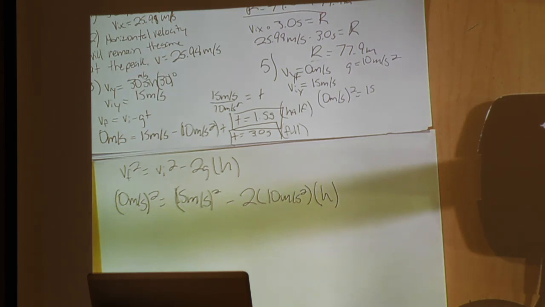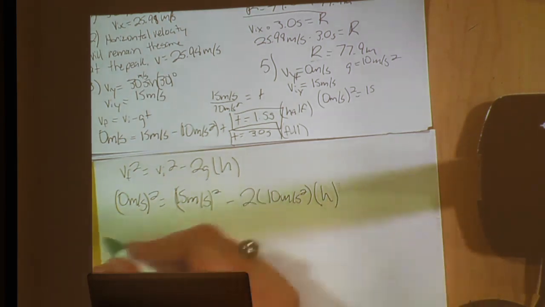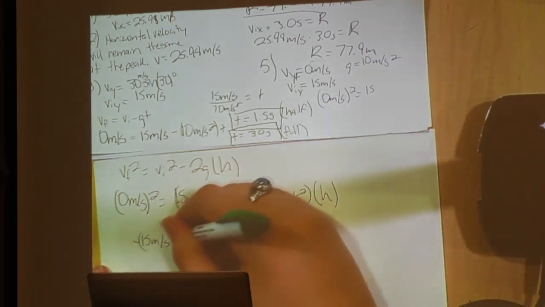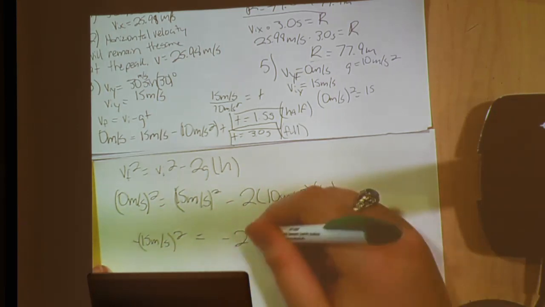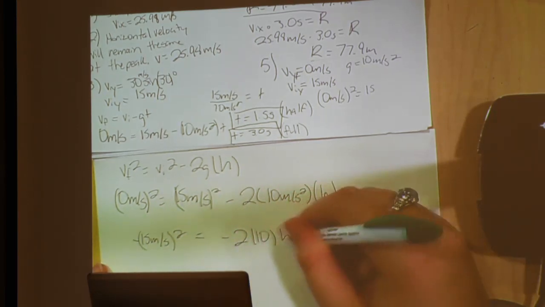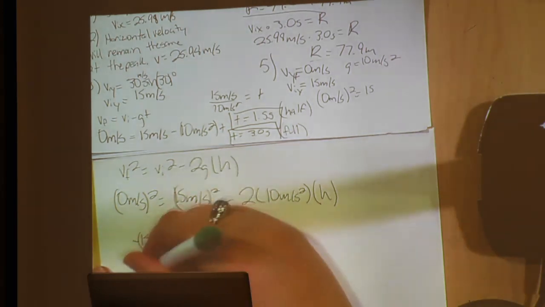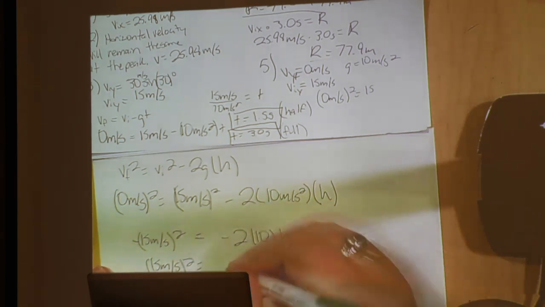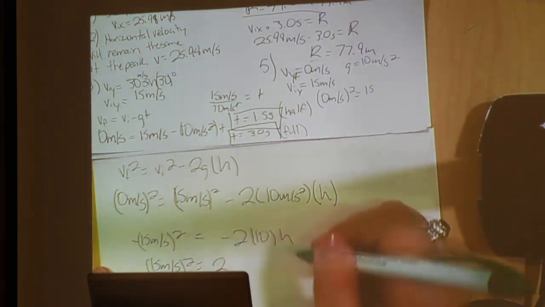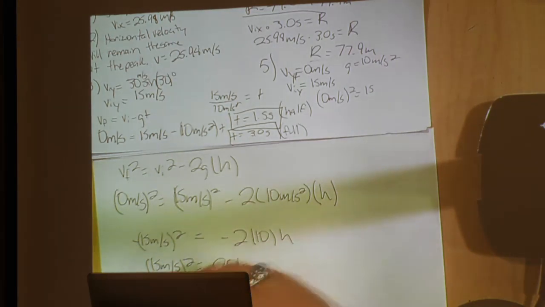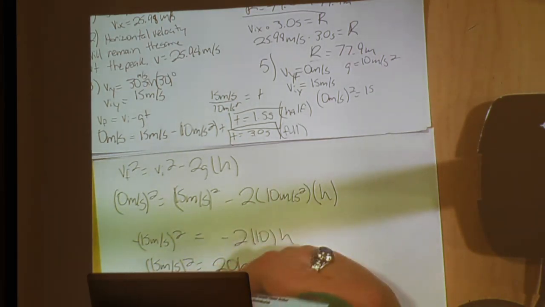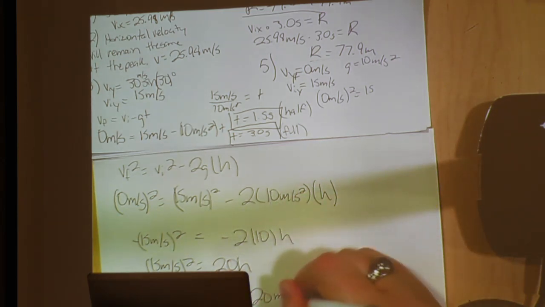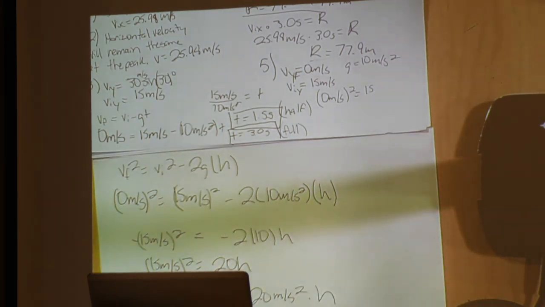So then you can just rearrange this and solve for height. You'll get negative 15 squared is going to be equal to negative 2 times 10 times height. We have negatives on both sides, so you can just make it positive by multiplying by negative 1. So this squared is equal to 20h, and this will be 225 meters squared per second squared, is equal to 20 meters per second squared times height.